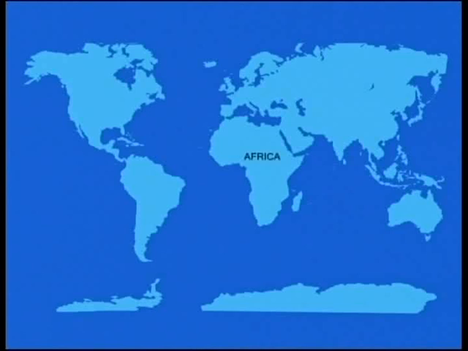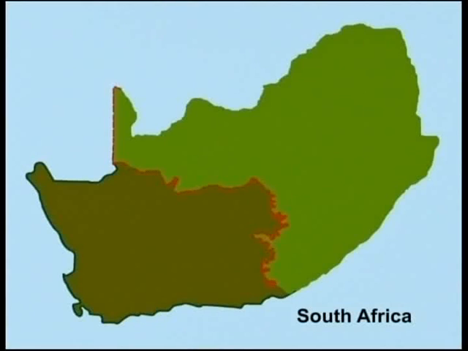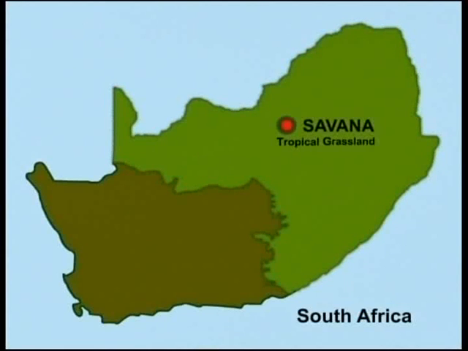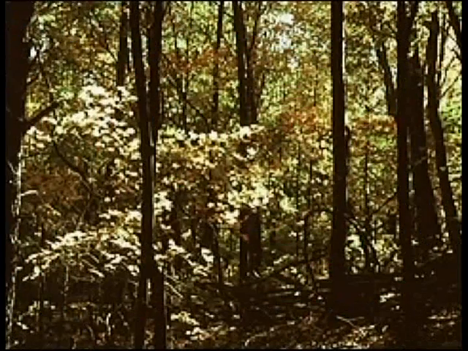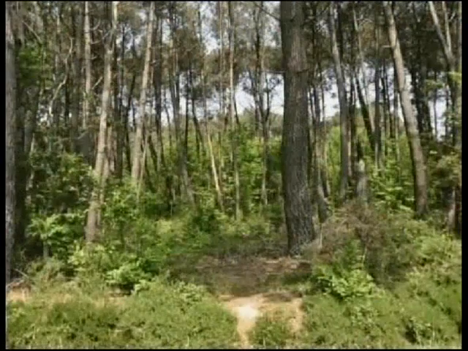Africa is the best part of the world to compare two grassland biomes. Vast areas of this continent are covered with savanna tropical grassland, dotted with trees and woodland.